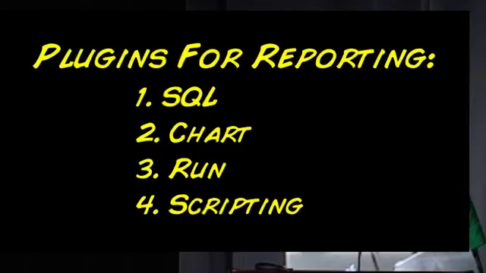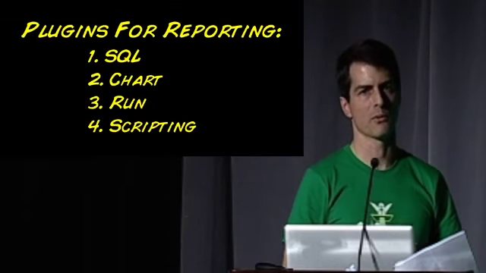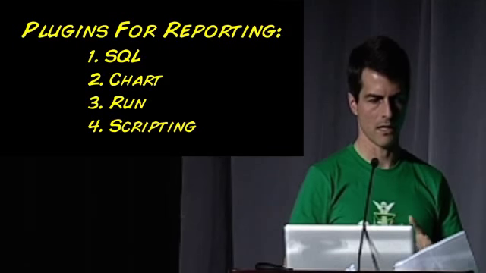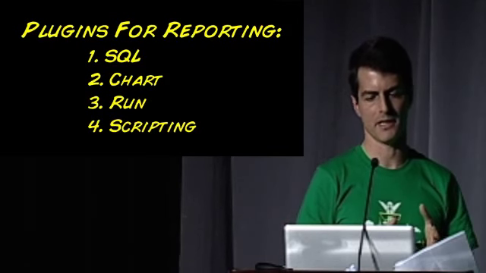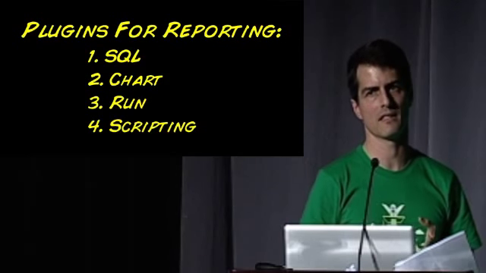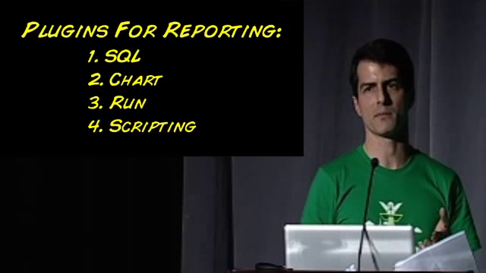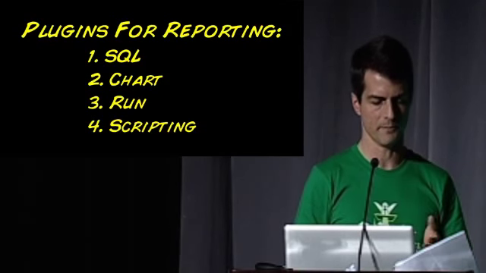These are the plugins that make Confluence an excellent tool for lightweight reporting and dashboarding. It's fast, it's simple, it's easy to maintain, and it's no trouble at all to implement. And if you already have Confluence, then it's completely free. All of these plugins are completely free.